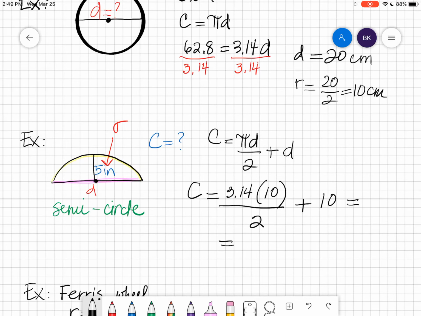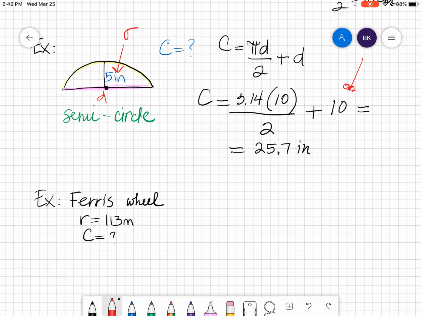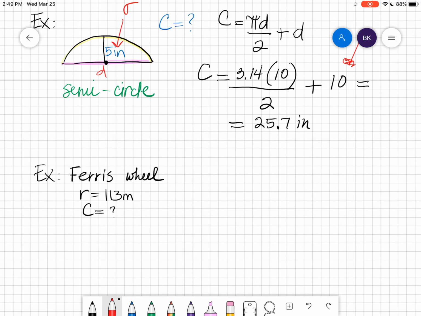When you solve that, you will get 25.7 inches. Don't forget this very important step: add the diameter in while finding the circumference of this irregular shape.